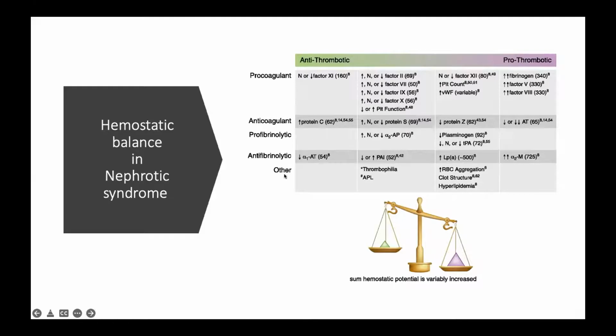And antifibrinolytic, there is increase in plasminogen activator inhibitor, and there is increase in alpha-2 microglobulin. Added to that, there is increase in RBC aggregation. This might be related to hypoalbuminemia and hyperlipidemia. And there are some differences in clot structure also.